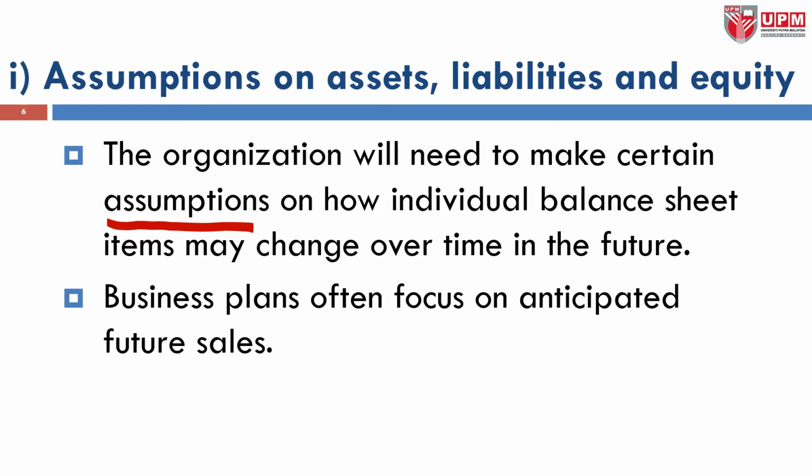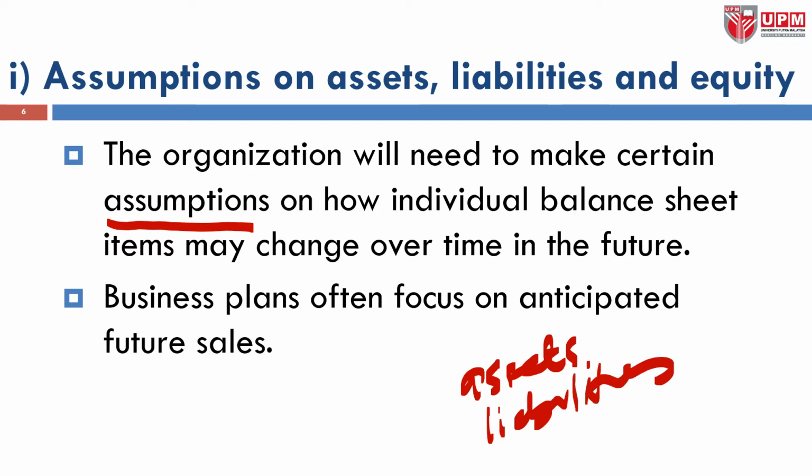These include the assets, the liabilities, and the equity. How will these items change in the near future? And then we have the business plans, which often focus on anticipated future sales.